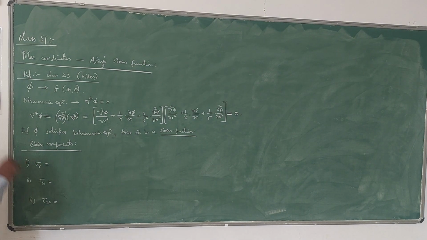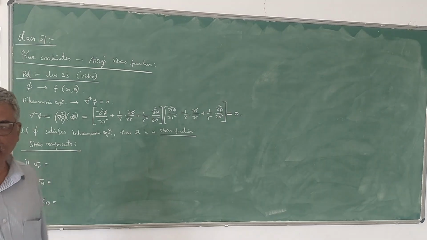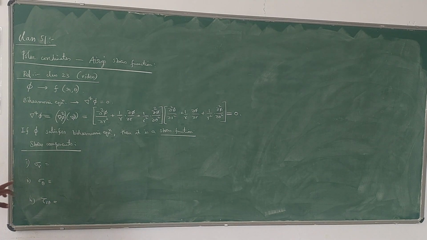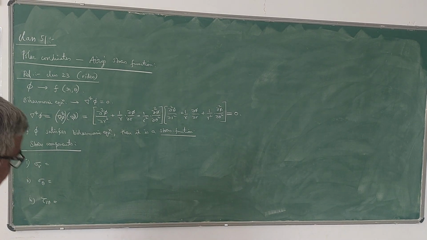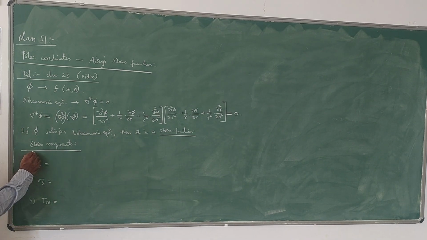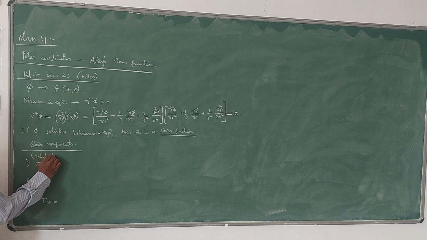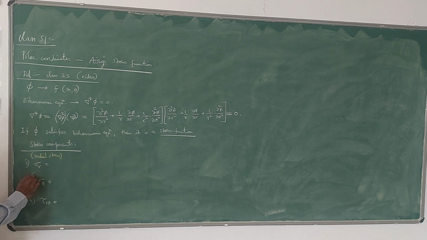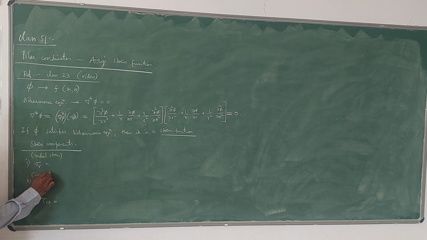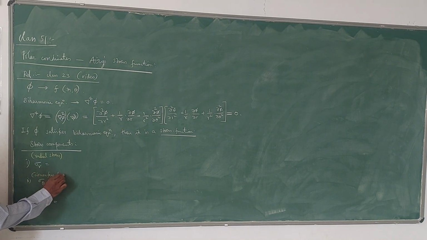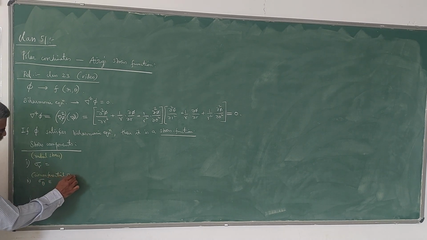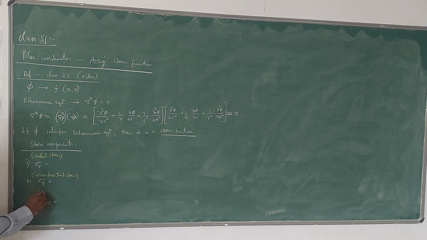First one is called the radial stress. Second one is the circumferential stress. Third one is the shear stress. Sigma r is called the radial stress. All these I have explained in that video. Radial stress, this is circumferential or hoop stress, this is shear stress or tangential stress.